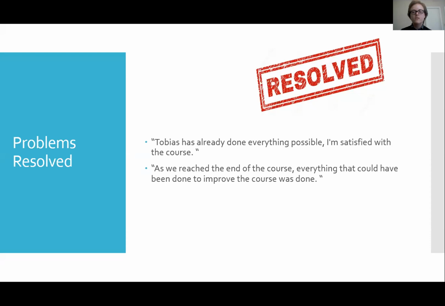And as we reached the end of the course, everything that could have been done to improve the course was done. So I do think it's important that when you get actionable feedback, you do decide what to do with it and you communicate what you are going to do and how you made those decisions. And if students can see that you are actually using this feedback, I think that's really important.